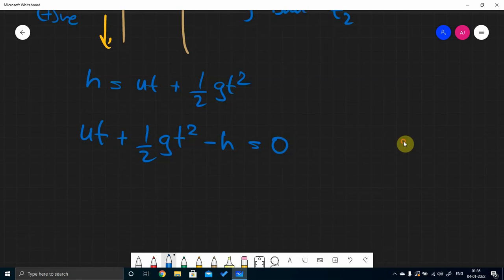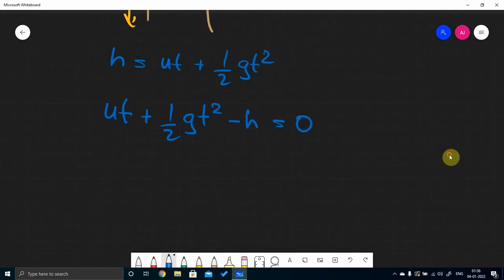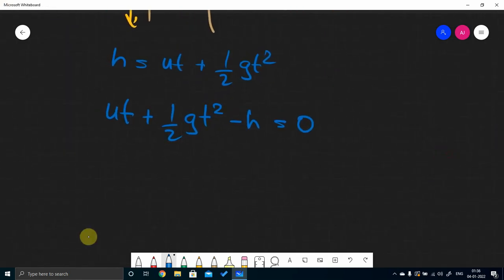So now we have our quadratic again. So we're going to go ahead and use the quadratic formula once more. But before we use the quadratic formula, we should go ahead and simplify. So first let me just write it: gt square by 2 plus ut minus h equal to 0.